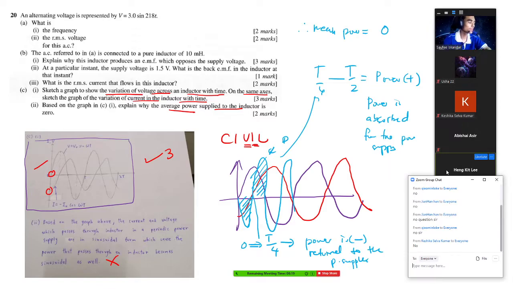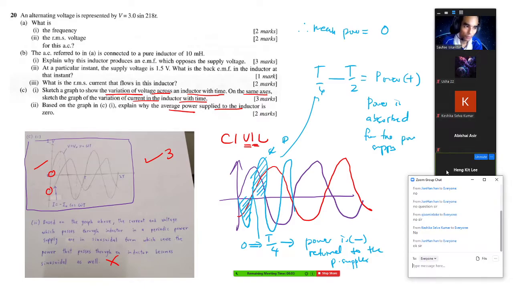So I'm going to release the fifth model paper. Okay, so we take turns. Usha, Abi, Weng Yu, Kihang, and Hankit already done.